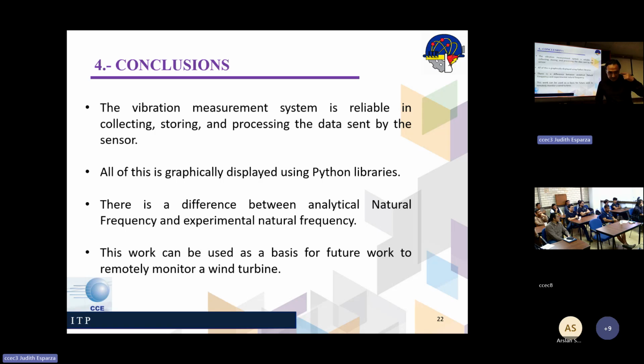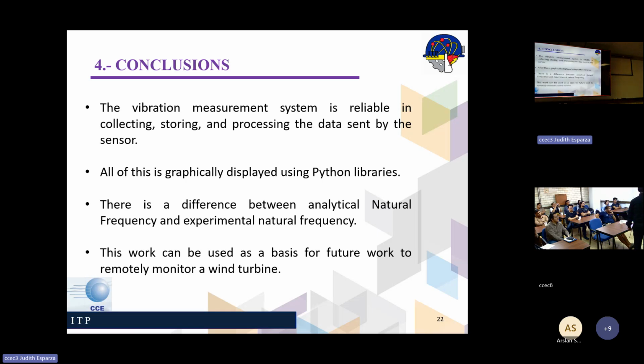The reason is that the analytical natural frequency is obtained with a generalized single degree of freedom system method. This method is based on the cantilever beam principle. This principle is used for static systems, and the wind turbine system is a dynamic system.